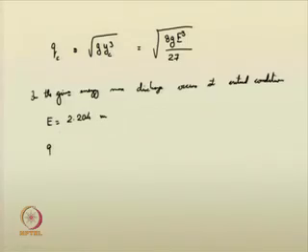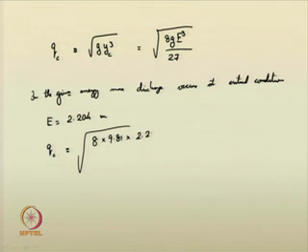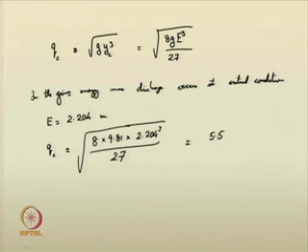Adopting the same thing, q c is nothing but equal to 8 into 9.81 into 2.204 whole cube by 27. You just evaluate it, it will come to be around 5.578 meter squared per second.